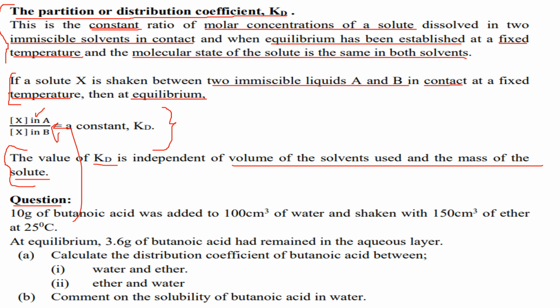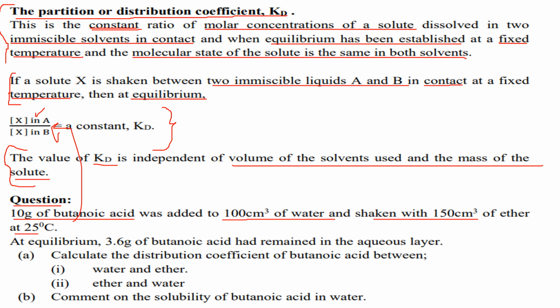So you write down the question, and we follow each other on the explanation part of the solution. You're saying that 10 grams of butanoic acid is added to 1,200 centimeters cubed of water and shaken with 150 centimeters cubed of ether.